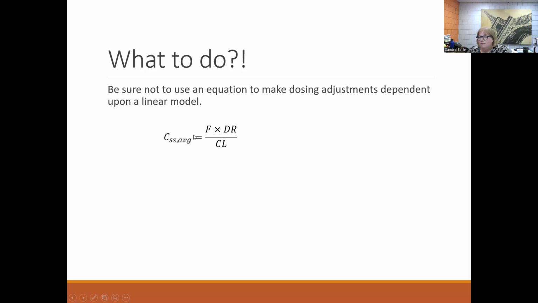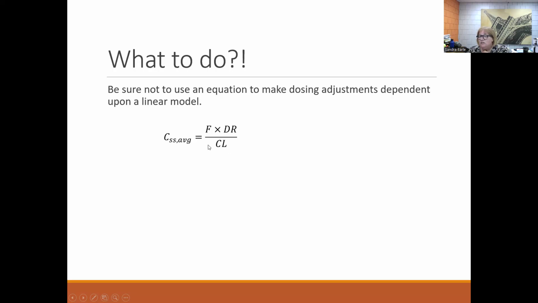Remember, when we have a linear situation, our CSS average is equal to bioavailable dose rate over clearance. And as long as there's linear pharmacokinetics, both the bioavailability and clearance should remain constant with changes in concentration.